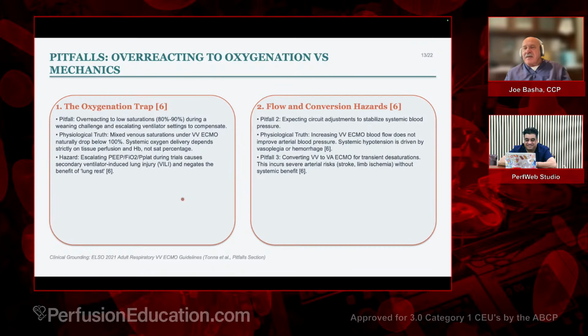Converting VV ECMO to VA ECMO for transient desaturations incurs severe arterial risk, stroke, limb ischemia, and there is no systemic benefit. And it's just published. People have done this, they do this, but you don't want to do that without first giving it some time. And I know that's sometimes hard to do because you think your patient's dying and failing, but sometimes you just got to be patient.